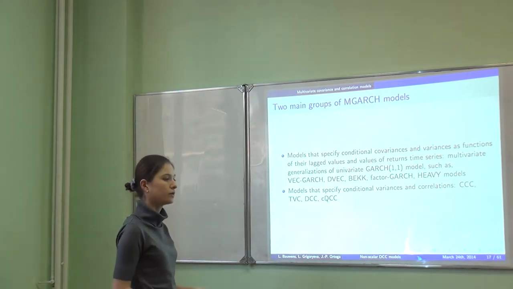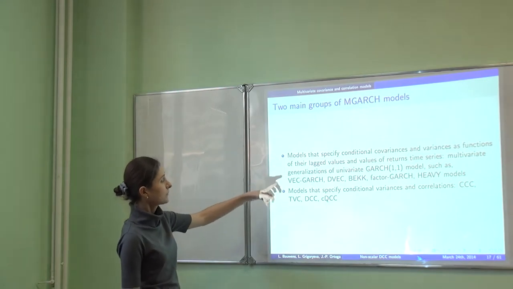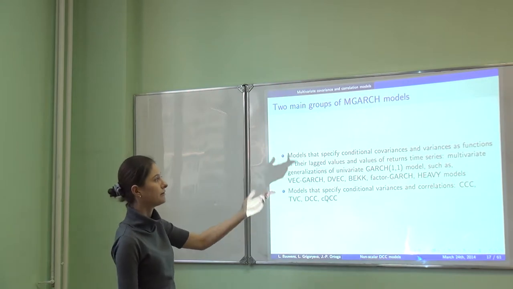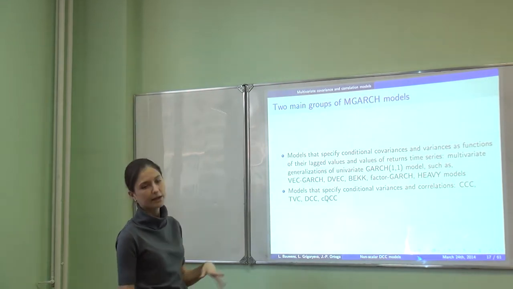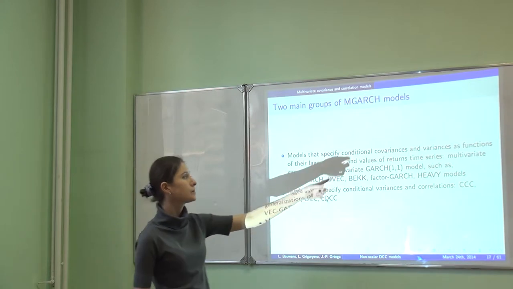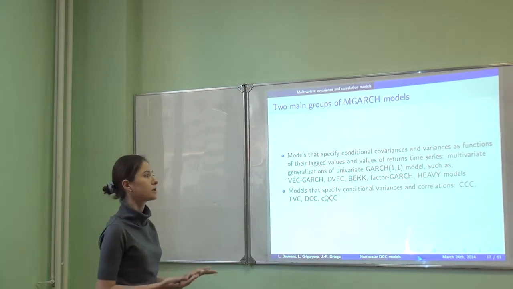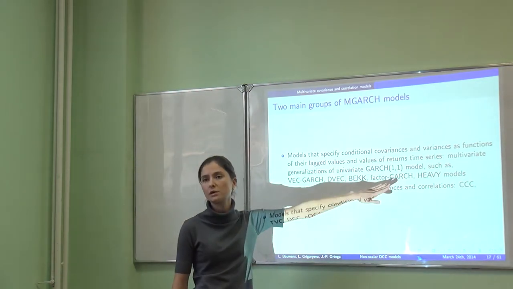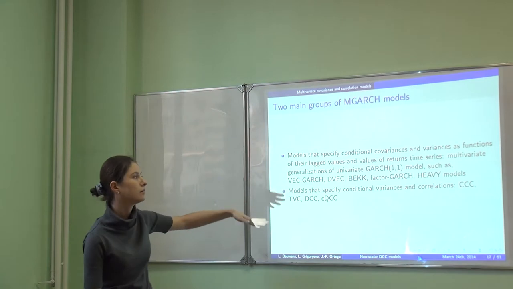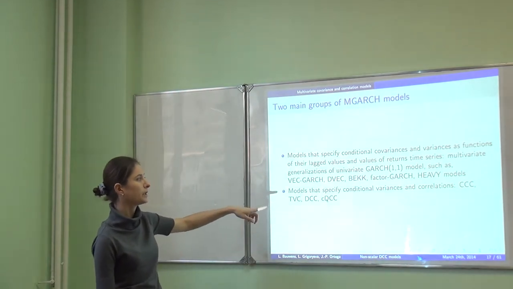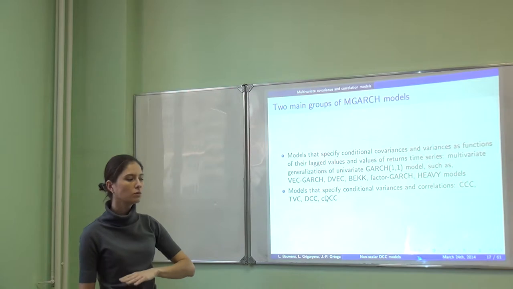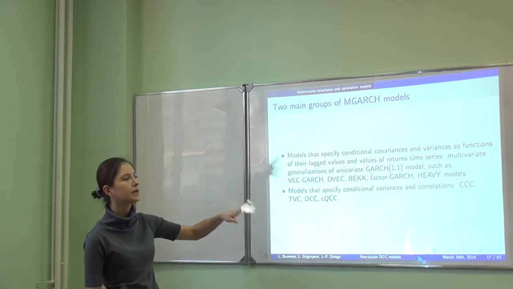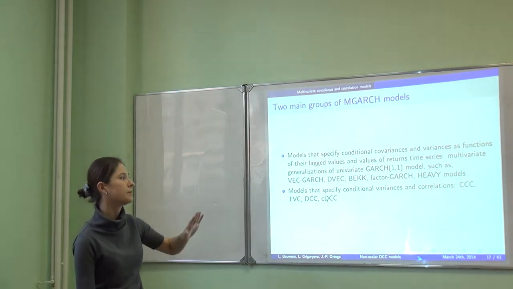These are models that specify the conditional covariances and the variances as functions of their lagged values, as I told you before, and the values of the return time series. This is the multivariate generalization of the usual GARCH(1,1) models that you maybe already have some acquaintance with. So there is a whole zoo of such families of models: VEC GARCH, DVEC, BEKK, factor GARCH, and many others.